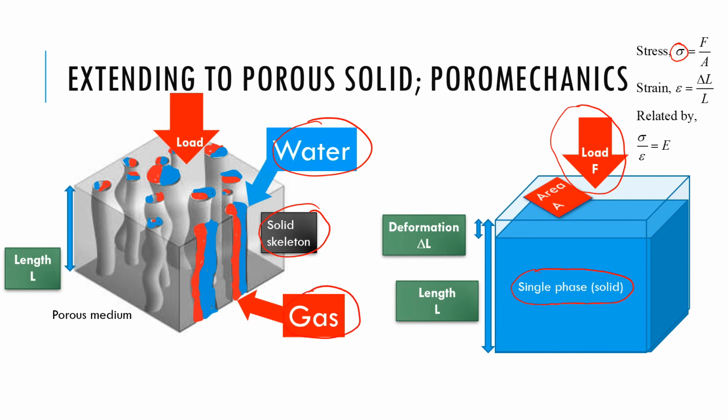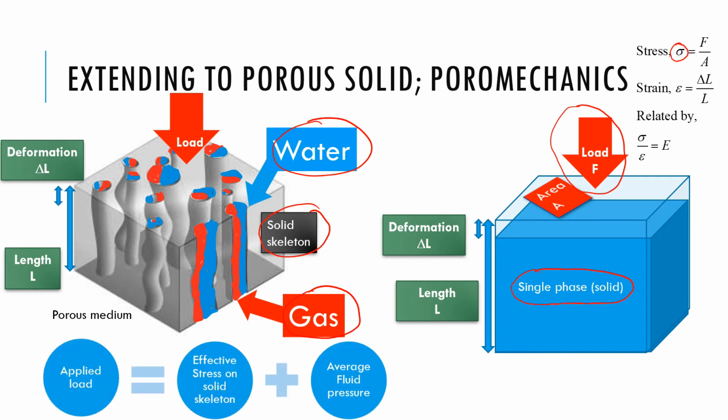Okay, so it's going to be shared, which means the applied load is equal to the effective stress on the solid skeleton and the average fluid pressure. So this is a very, very important equation here, that the load is now shared between the solid and the fluid.